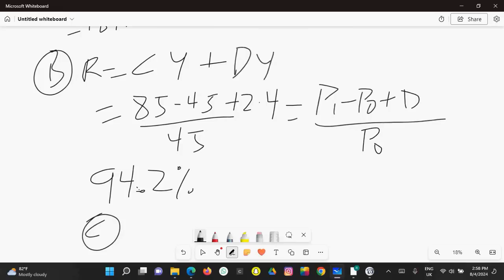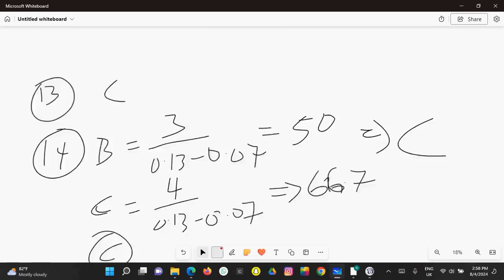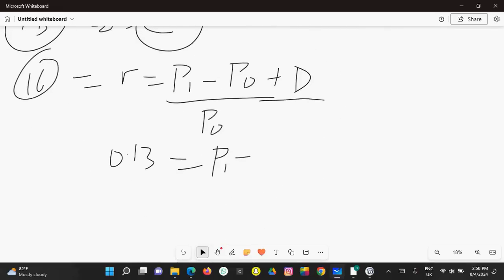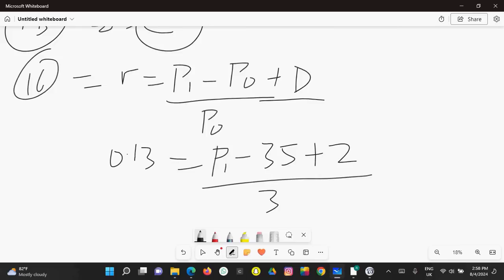So we don't know P naught. We don't know P1. So here is going to be 35, and then the dividend that was given is 2, all over P naught, which is 35.